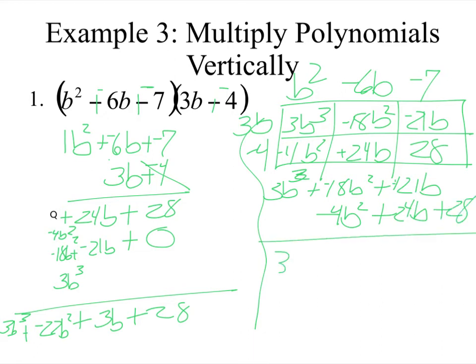Add our like terms, I get 3b cubed plus negative 22b squared plus 3b plus 28. And you can see that we got the answer the same both directions. It's just a matter of organizationally, do you like the table with spots for specific things, or are you okay using the columns in the old-fashioned long multiplication system?